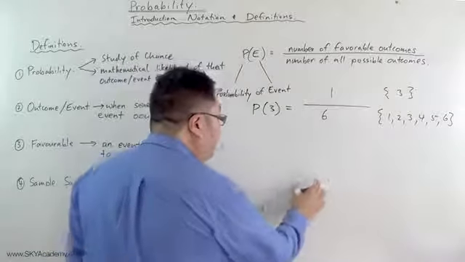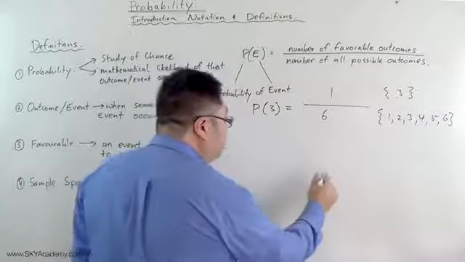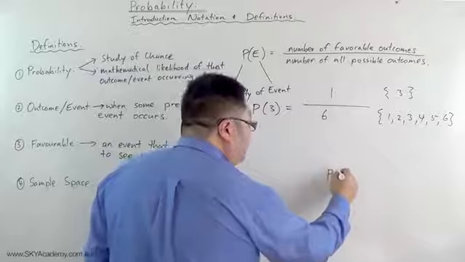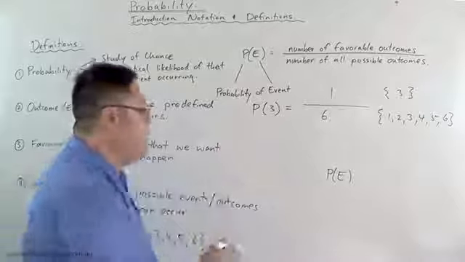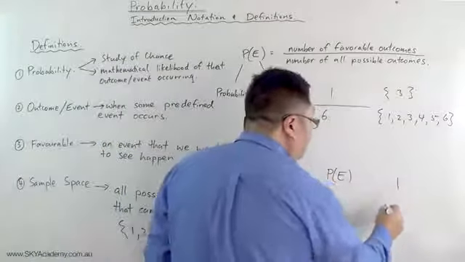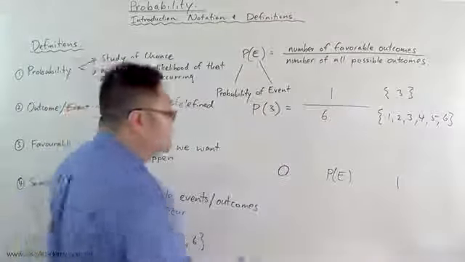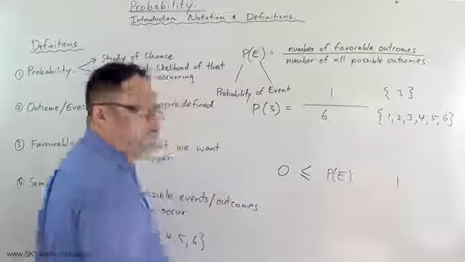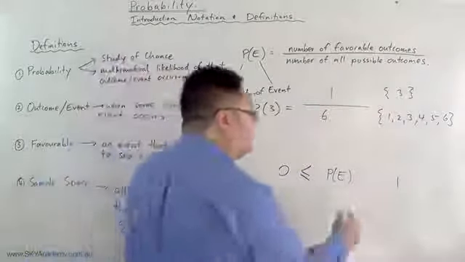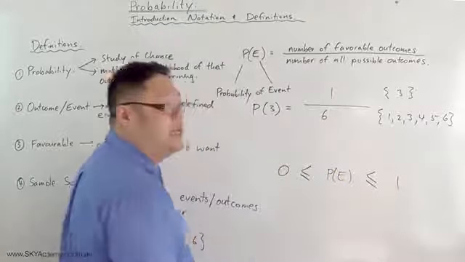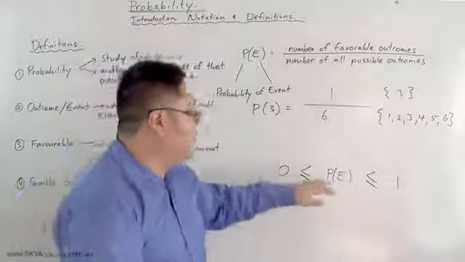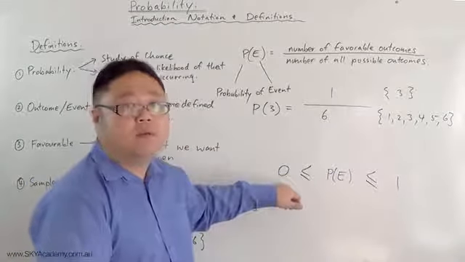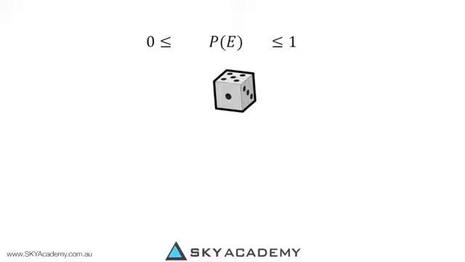Now, let me end on another point: the probability of an event occurring will lie somewhere between 0 and 1. It can equal 0 and it can also equal 1. Here's an example of a probability that equals 0. What is the probability that when rolling a 6-sided die you're going to roll a 10?